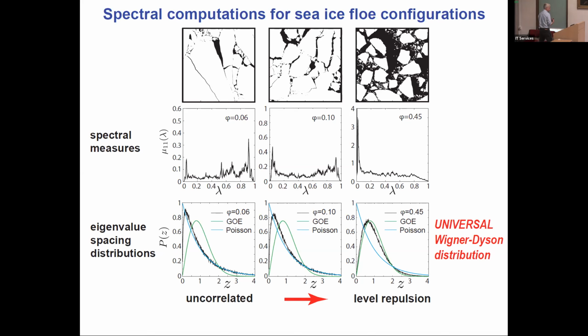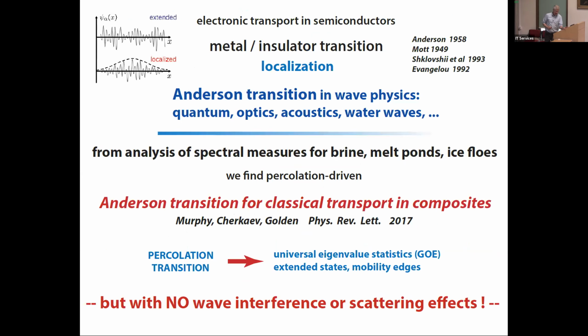It comes up in the zeros of the Riemann zeta function, the most storied unsolved problem in pure mathematics. But it turns out that's just a glimpse of a larger picture that we discovered, namely the connections to Anderson transitions and localization in wave physics, where basically you get either extended states or localized states, and this is at the heart of semiconductor physics and transport in disordered media.